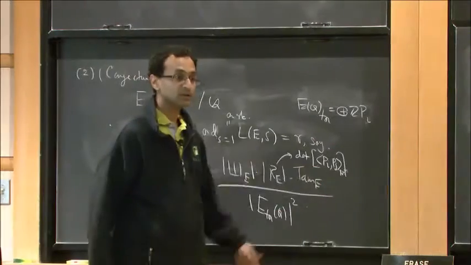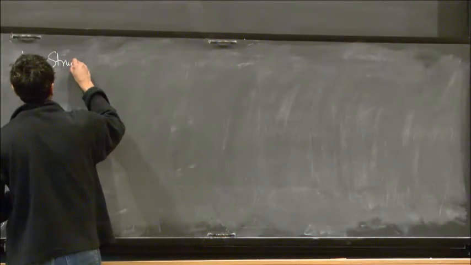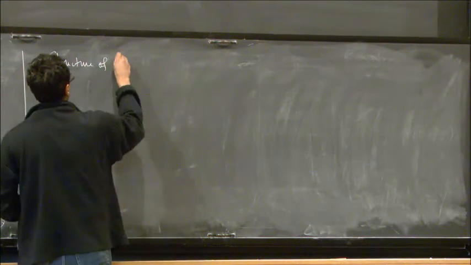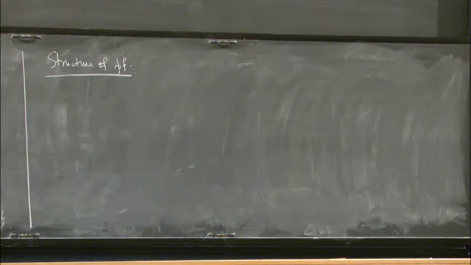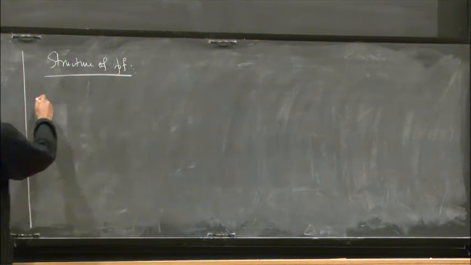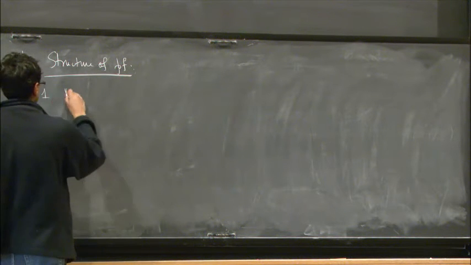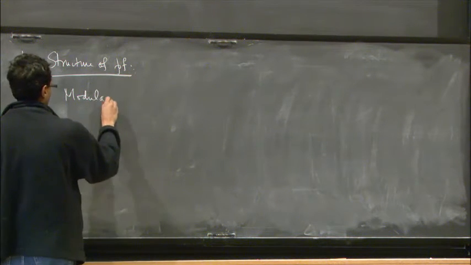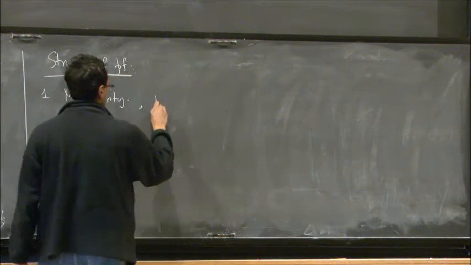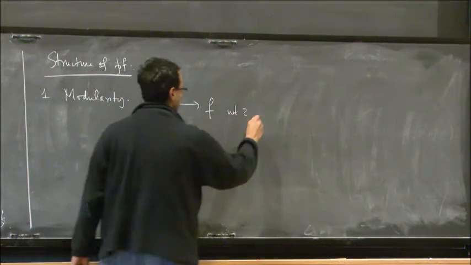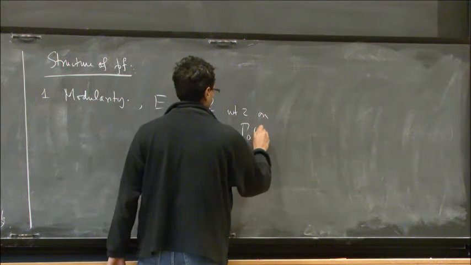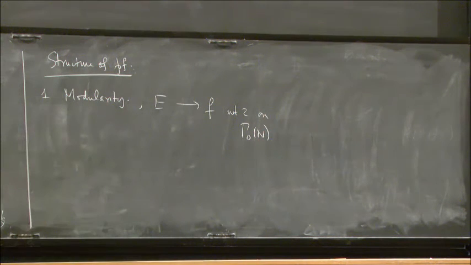OK, so what I want to emphasize is some facts about the structure of this proof. OK, so what is the structure of the proof? So the first step, step 1, is modularity. Your elliptic curve is associated to a modular form f of weight 2 on Γ_0(N), where N is the conductor of the elliptic curve.